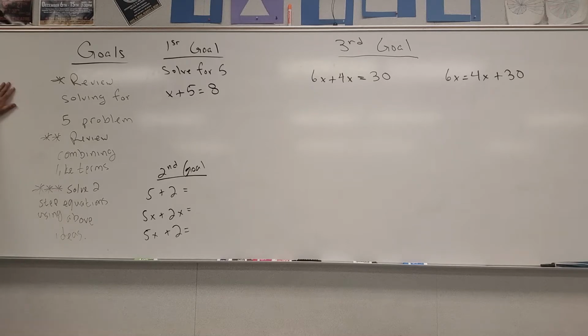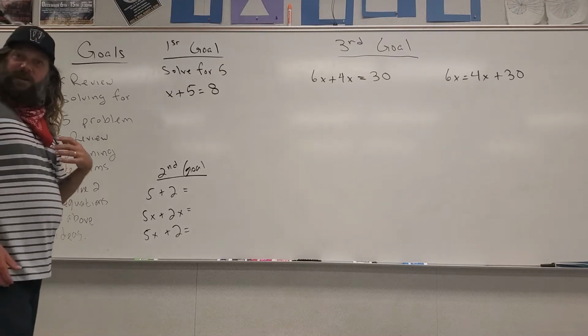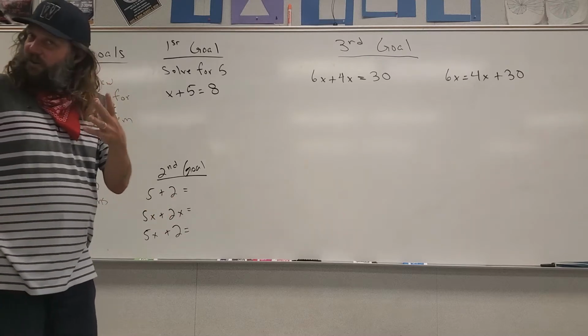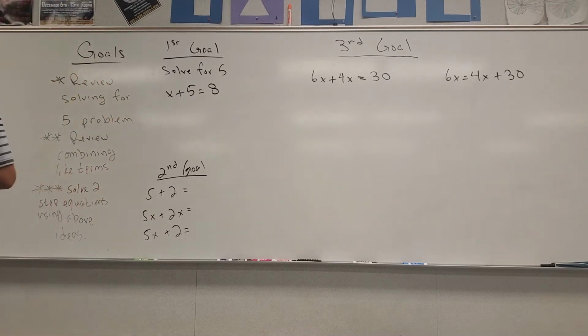I wanted to have that problem at the beginning on the first day because not only did it show you how you could be creative with the rules, it actually gives us the result that we need for today's lesson. And so I wanted you guys to see this before we got into today's lesson. Our next goal is going to be review combining like terms. And our third goal is going to be solving 2-step equations using the above ideas.